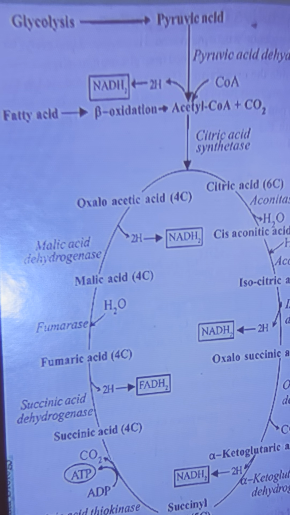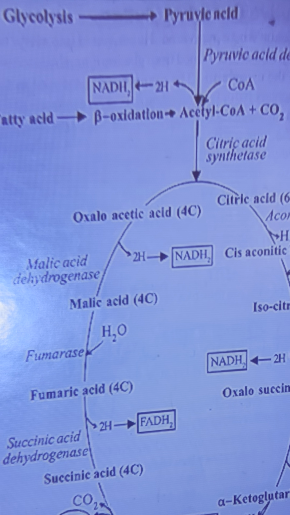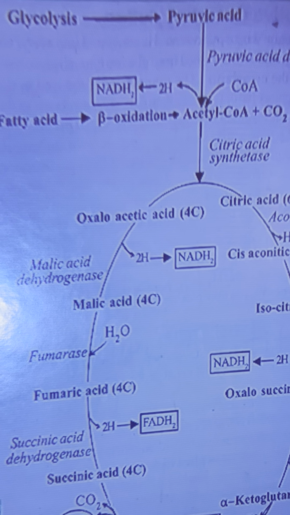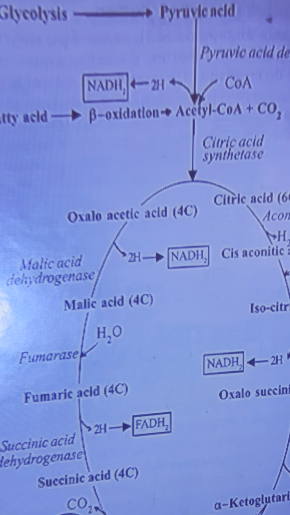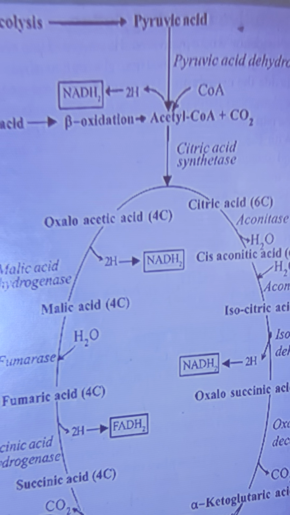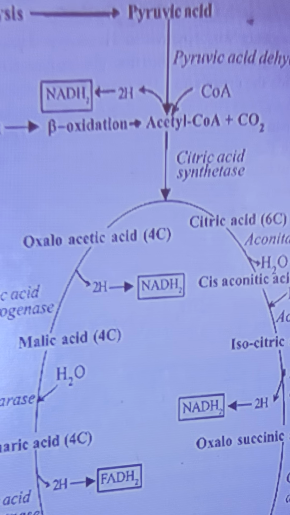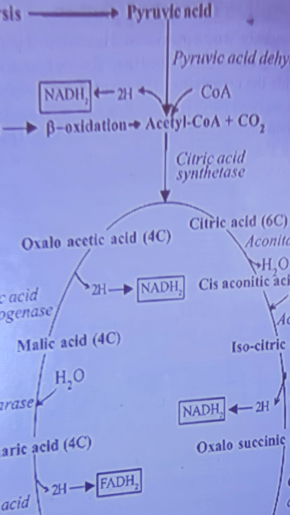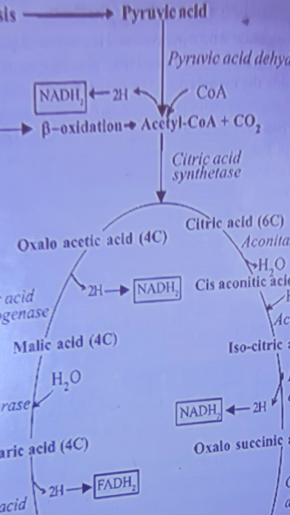So already in glycolysis, pyruvic acid or pyruvate is formed, two molecules. Again those pyruvate molecules enter into Krebs cycle. Krebs cycle occurs in the mitochondrial matrix. So firstly, this pyruvic acid is converted into acetyl CoA.